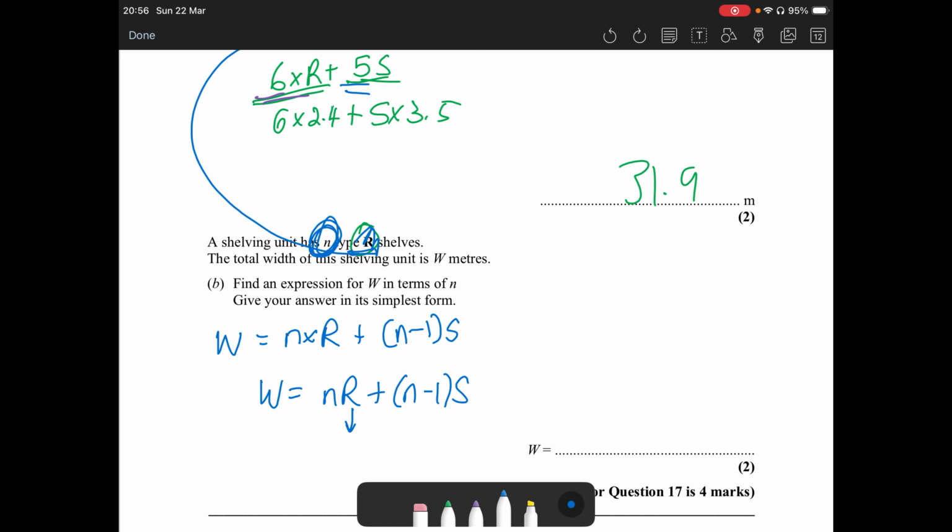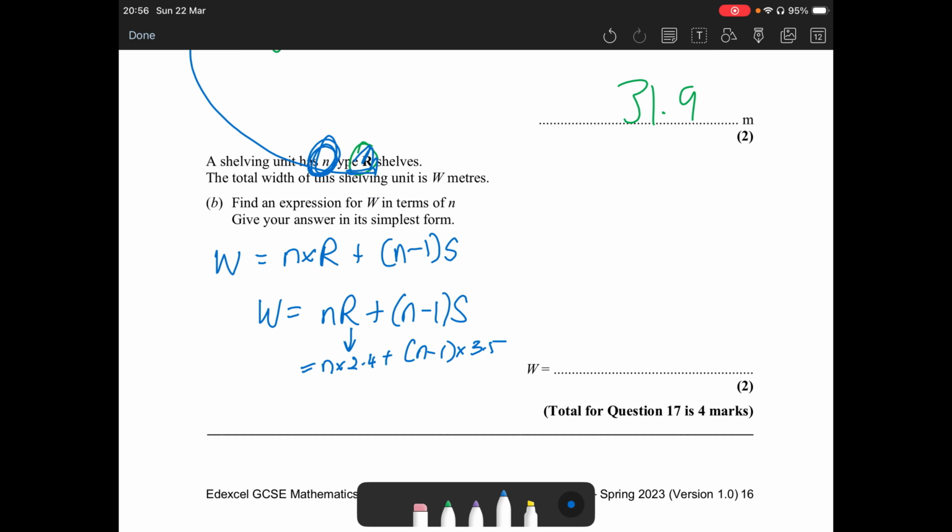R is 2.4, so it'll be N lots of 2.4 plus N minus 1 lots of 3.5. This question isn't a general formula, it just wants the width of the total shelf. So we've got 2.4 lots of N plus, expand your bracket, 3.5 lots of N, take away 3.5. Collect your N's together, your 2.4 and 3.5, that's 5.9N, take away 3.5.